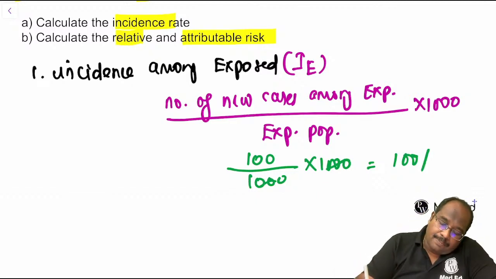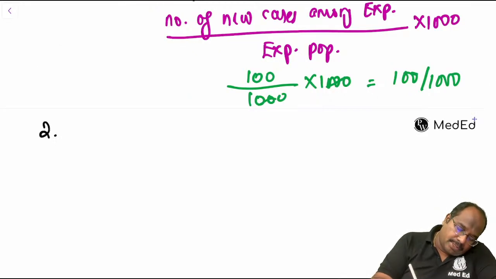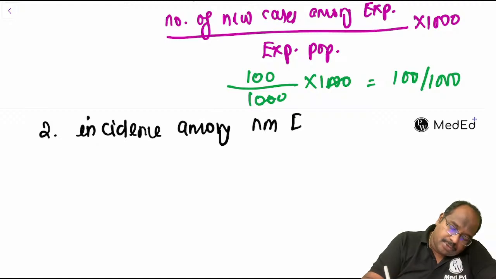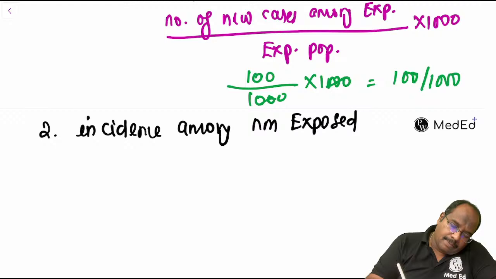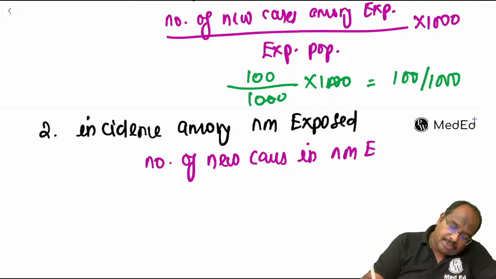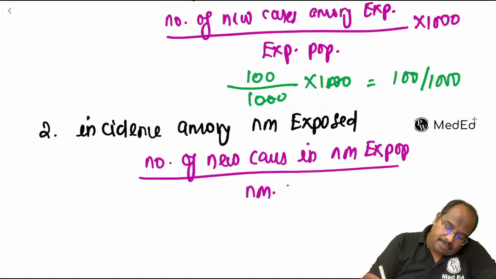Second one is incidence among non-exposed. The formula is number of new cases among non-exposed population by non-exposed population multiplied by 1000.